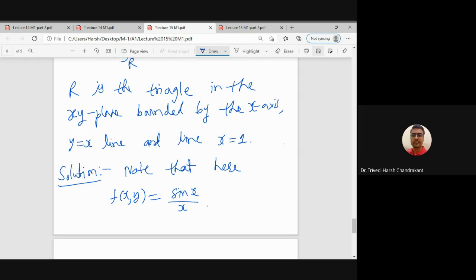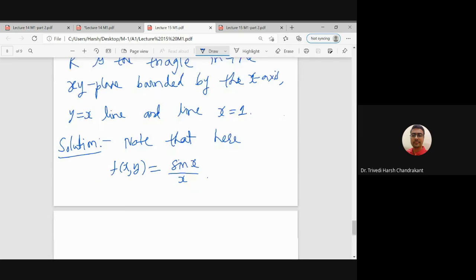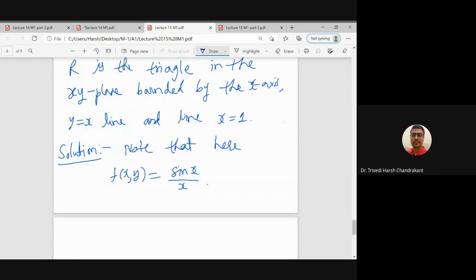So essentially y is not present in the function, only x is present. So it is like a constant function in y. That means this function is independent of y.